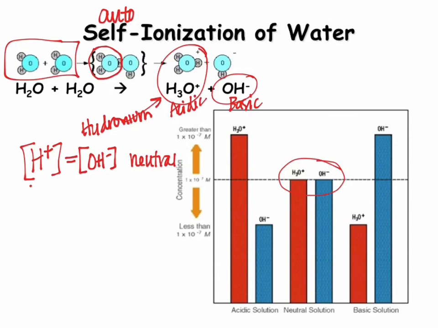If we have a situation where we have more hydrogen ions than our hydroxide ions, then what type of solution is it? Not neutral. Is it acidic or basic? If we have more H pluses, then it has to be acidic.